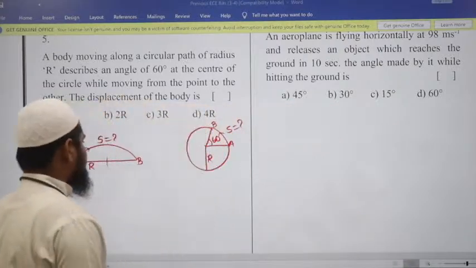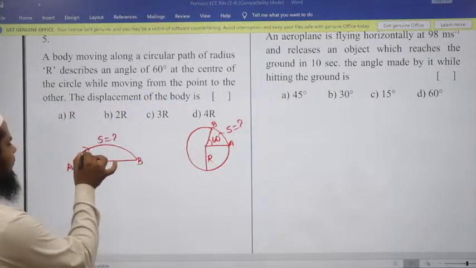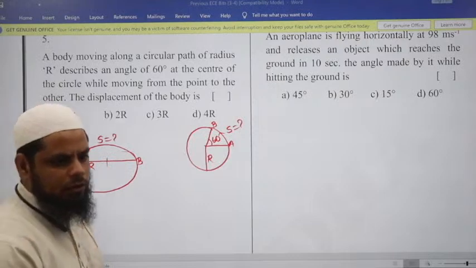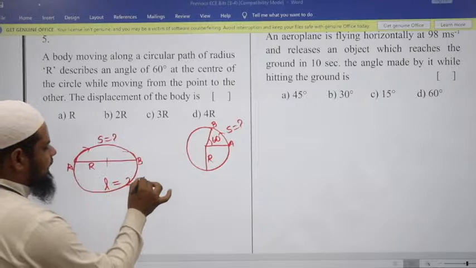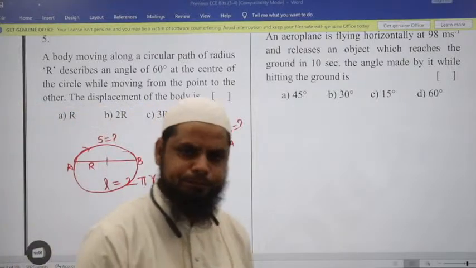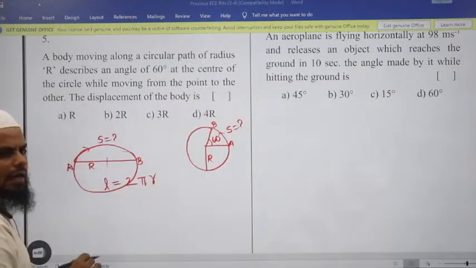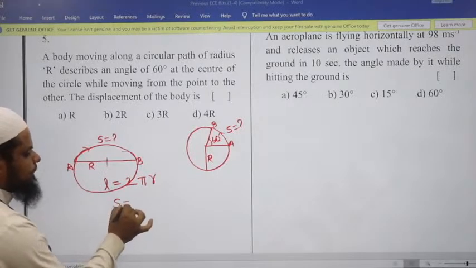Okay, fine. Now back again, this one. Generally the length of the circle is 2 pi r. Now you are moving from here to here, that means you are moving some pi, then your displacement will be pi r.